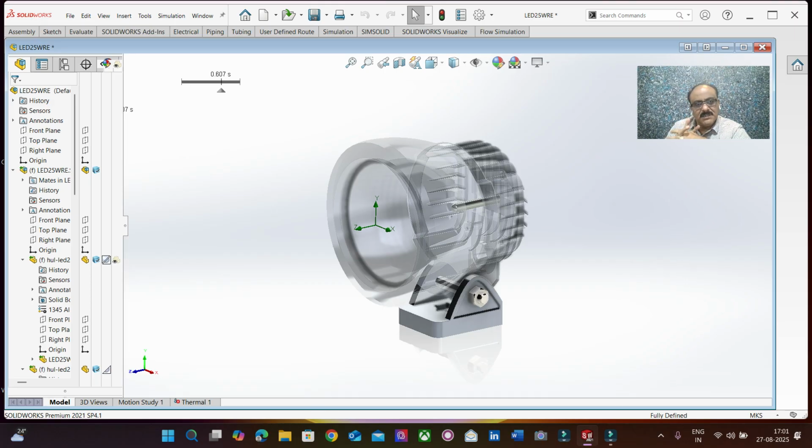In the previous steady state thermodynamics simulation, we assumed that air is the medium, the fluid around the particular structure, the projector lamp, and that particular air is trying to reduce the temperature of the LED lamp.